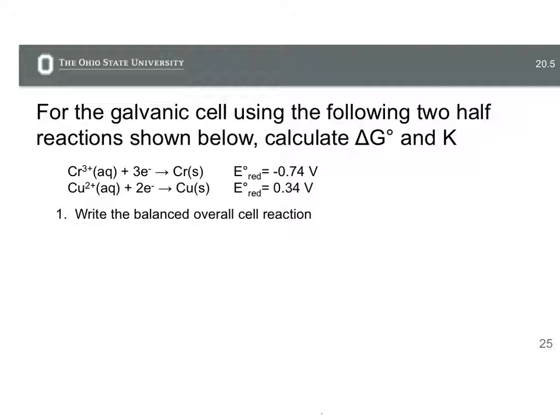Now, I haven't told you what the overall is, of course. That's why we're going to write it. The only thing you know are the standard reduction potentials. But we also know that for a working galvanic cell, the standard cell potential must be positive.